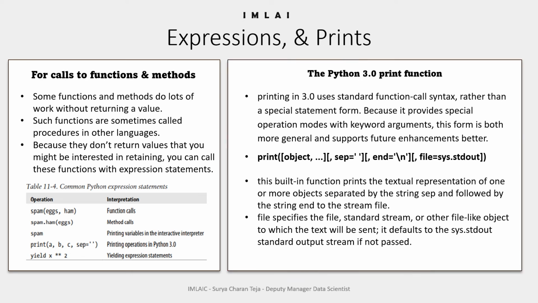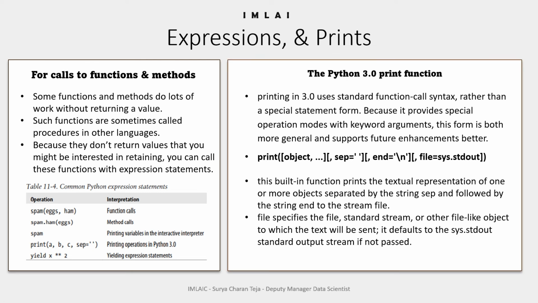Here, the first argument it takes is object. It takes any number of objects, and after that you put a comma, and you can either go with the default separator, which is space, or else you can define your own separator, and after that you can have end. By default you go by line.